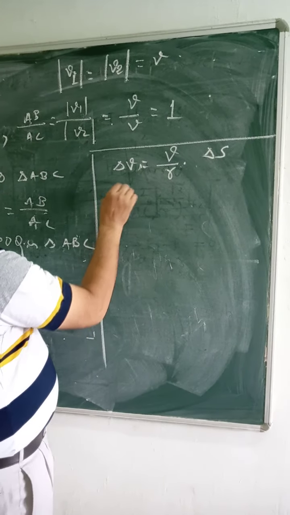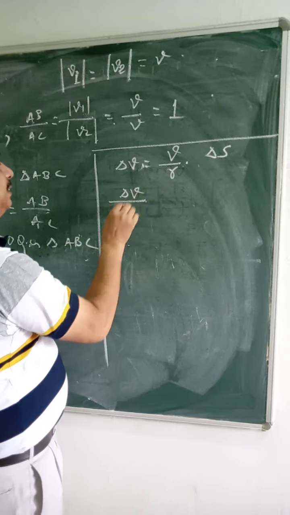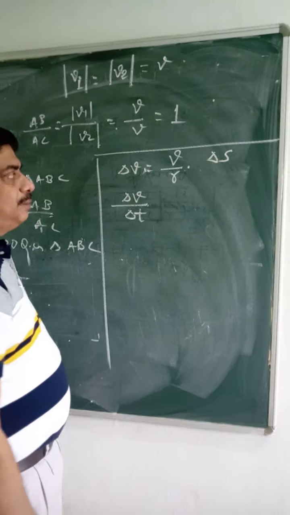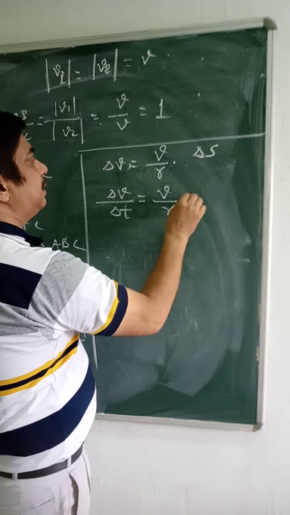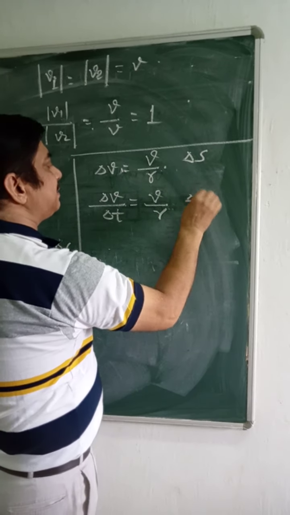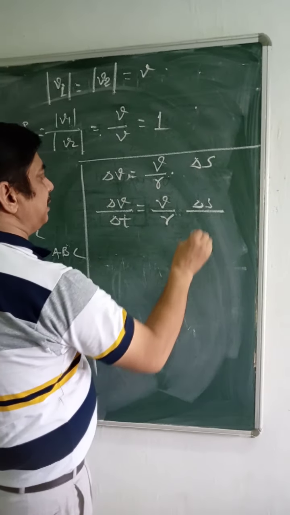Now divide both sides of this equation by t. So delta V by delta t is equal to V by R into delta S divided by delta t.